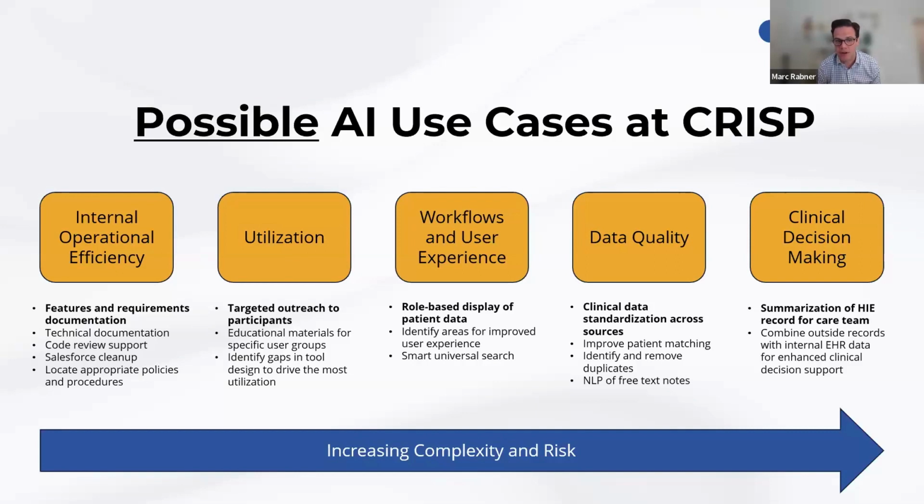And under workflows and user experience, so today CRISP user interface is a one-size-fits-all model. This means that often users have to spend extra time hunting for the right piece of information that they need for each patient. We could more easily create displays of patient data so that a cardiologist, say, can easily find the data that's most important to them.